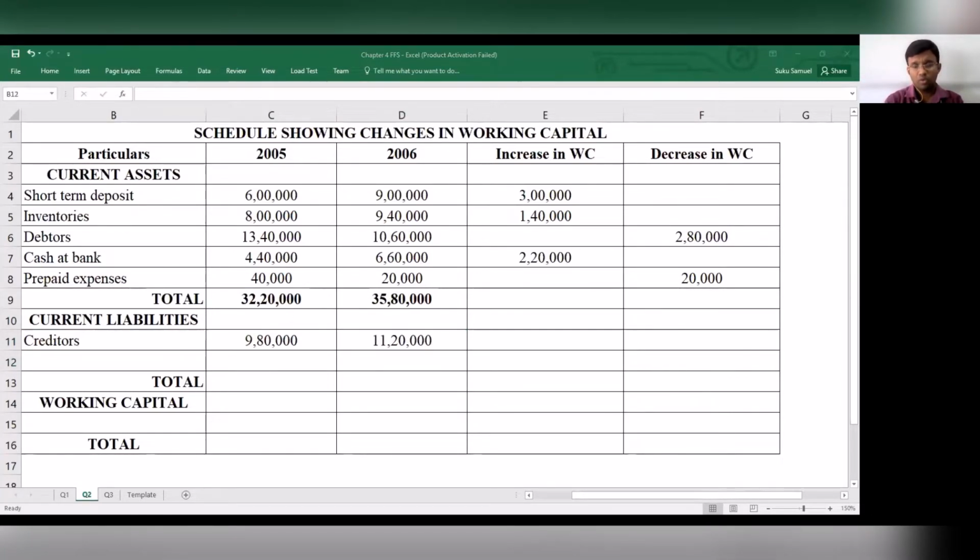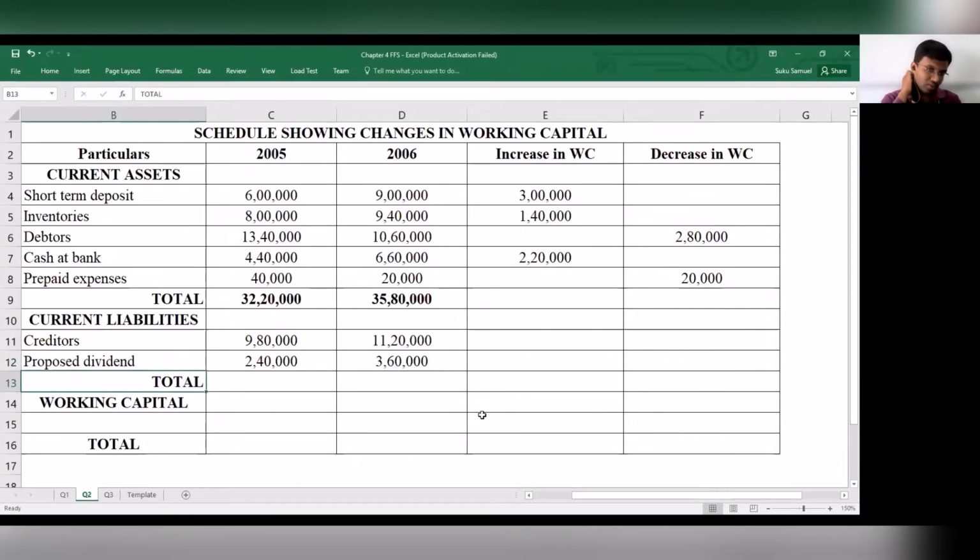Next, they're asking us to treat proposed dividend as a current liability, so I'm treating it as a current liability. Proposed dividend here is 2,40,000, and here it is 3,60,000.